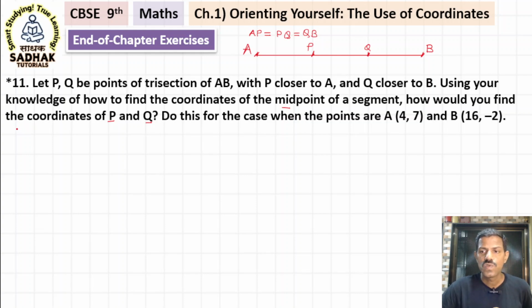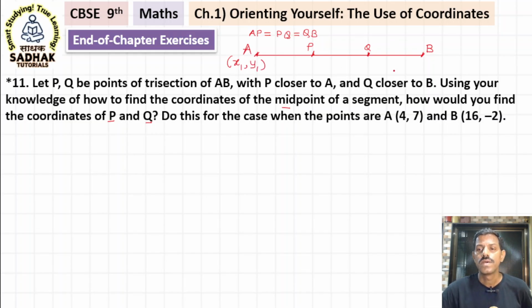So let us first find out the formula or the equation which we will use for finding out the x coordinate of P, and that same we will apply for y coordinates as well as the x and y coordinates of Q. For that, first I am considering that the coordinates of A be x1, y1.